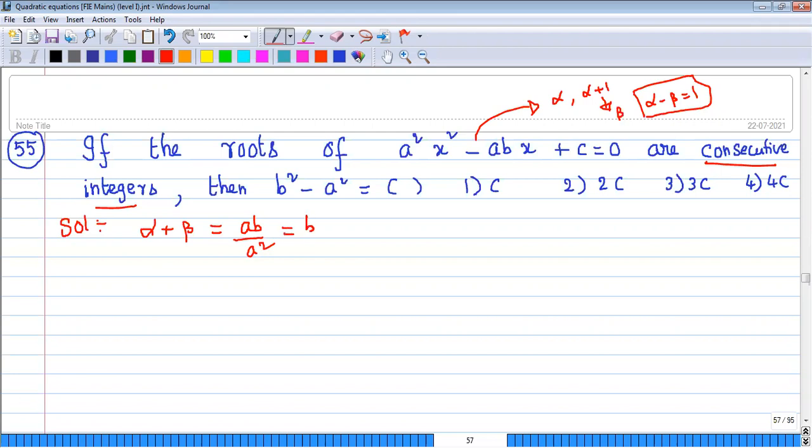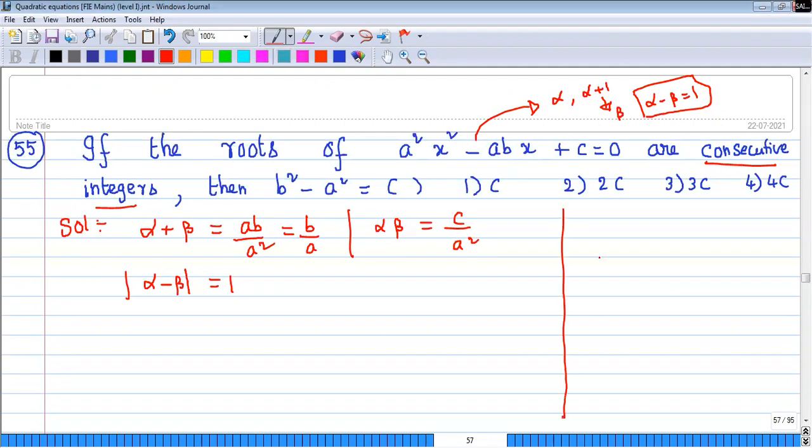This will be b upon a. Alpha beta is c upon a square. And modulus of alpha minus beta is equal to 1, since they are consecutive integers.